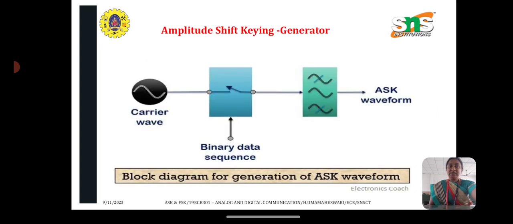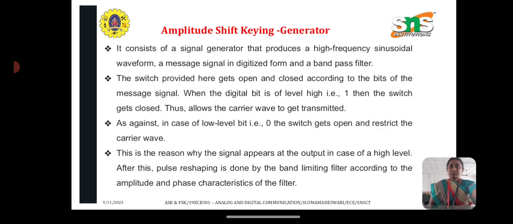Here is the generator of amplitude shift keying. First we give the carrier wave, then the binary data sequence, with a switch acting as on-off, and finally it gives us an ASK waveform.